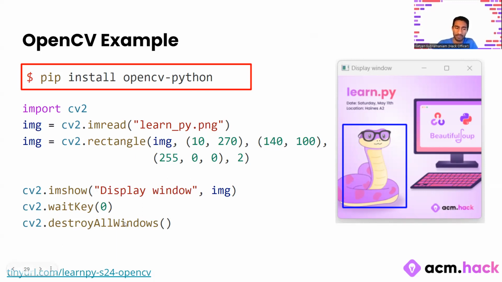And finally, at the bottom, we have destroy all windows, which is going to destroy anything that's created with image show. It's just best practice to include it at the end to clean everything up. Okay, any questions on this code before we move forward?